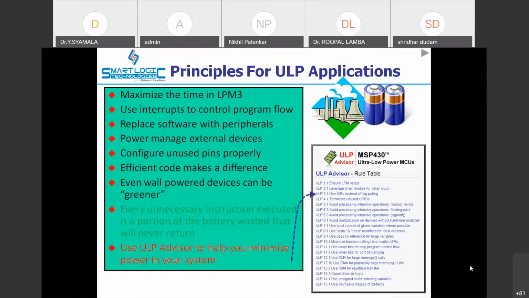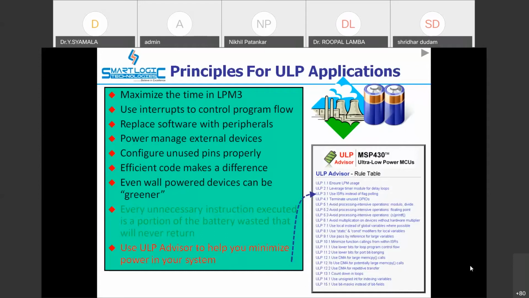Another thing is to use interrupts to control the program flow. Means if a certain interrupt occurs, go into a sleep mode, and if a certain interrupt occurs, then wake up from that. And replace software with peripherals. This is again an important thing, how we can manage the peripherals. Also, power manage external devices.